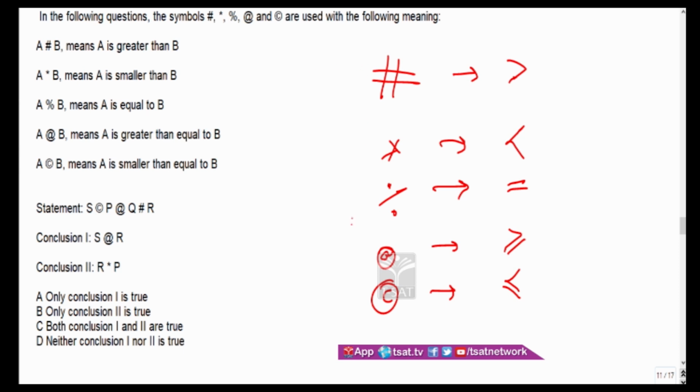So after following these directions, now see the statement. Even the statement is in symbols. So you convert these symbols into greater than and less than. So how can I write this particular statement?